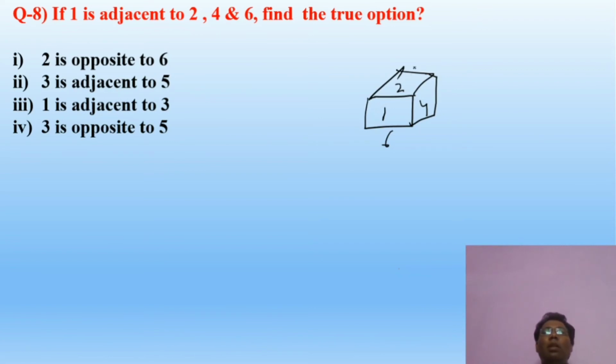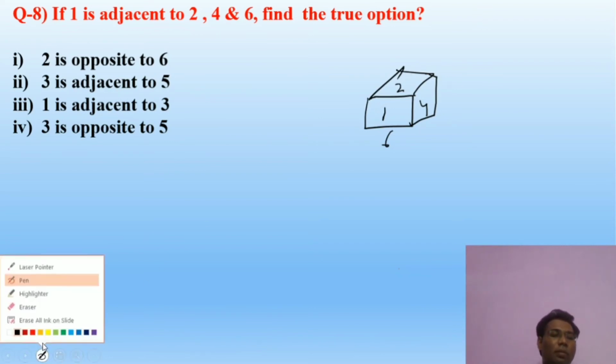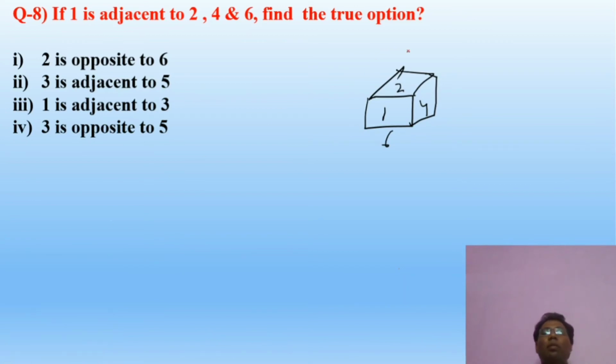What does it mean? It means that opposite to 1 is either 3 or 5. If 3 is there, 5 is here, and if 5 is here, 3 is there. So opposite to 1 is 3 or 5. Okay?